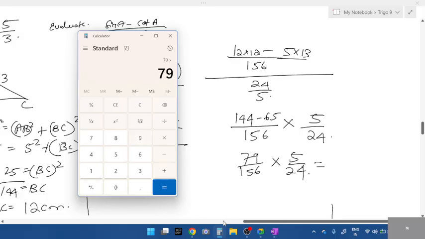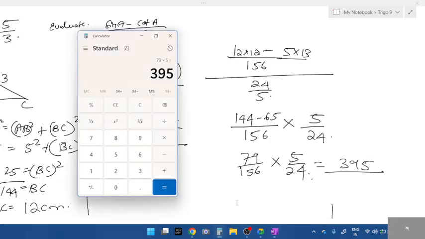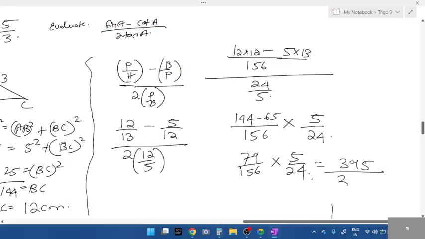Let me check. 79 into 5 is 395, right? Divided by 156 into 24, which is 3744. This is the answer. 3744.